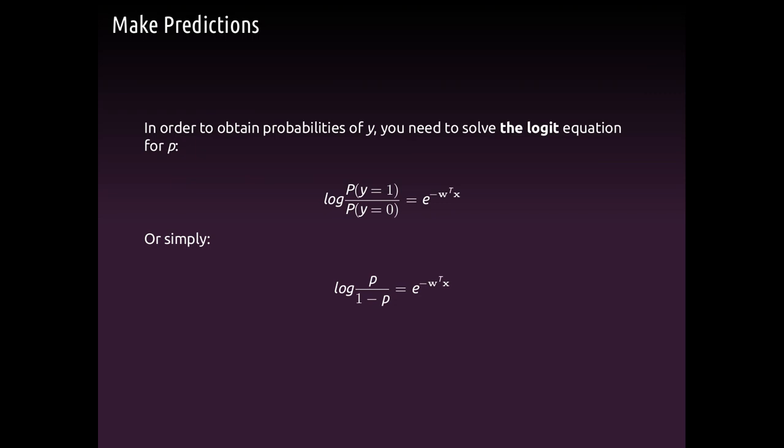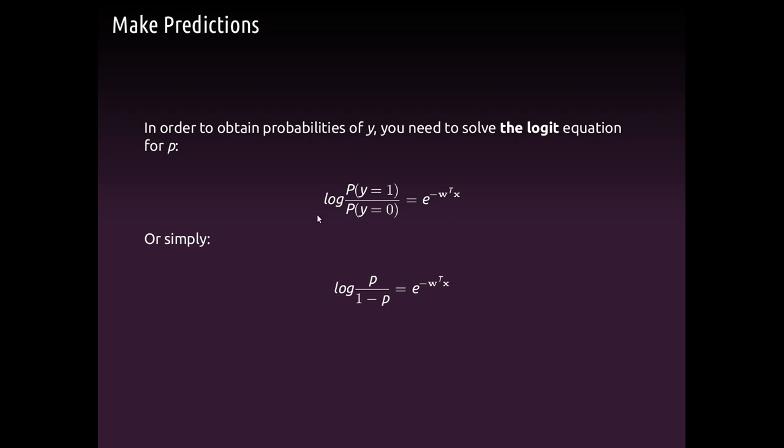After using the gradient descent or gradient ascent, how can we make predictions, how can we decide if a new observation is related to class 0 or class 1, for instance? In order to obtain the probabilities of y, or in order to make predictions of a target variable y, we need to solve the Logit equation. This is the ratio that I have talked about in the first video of logistic regression.